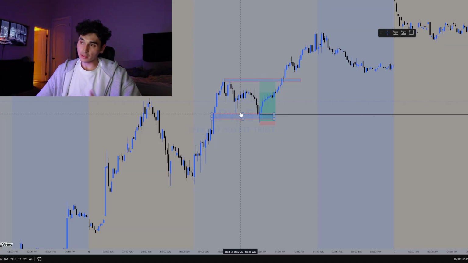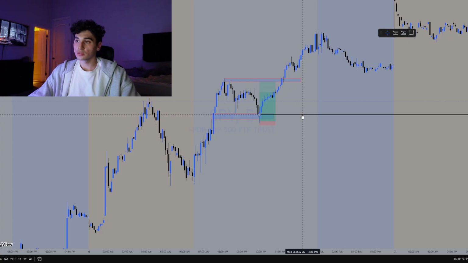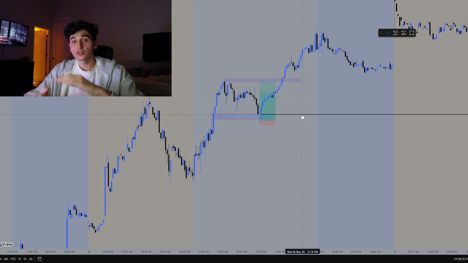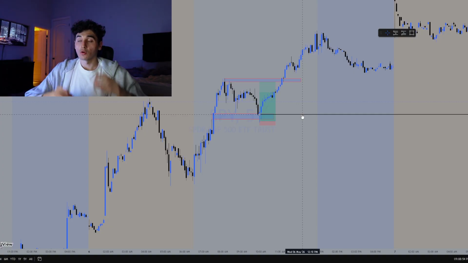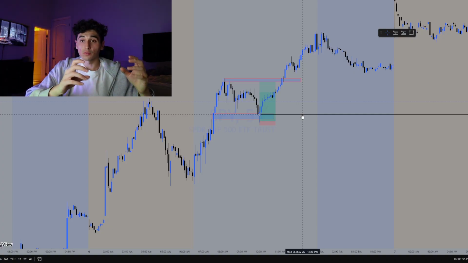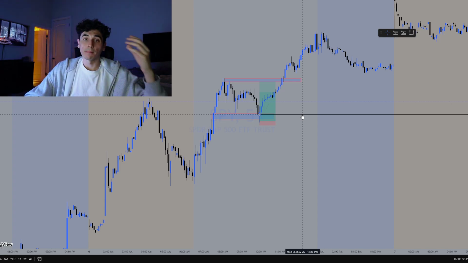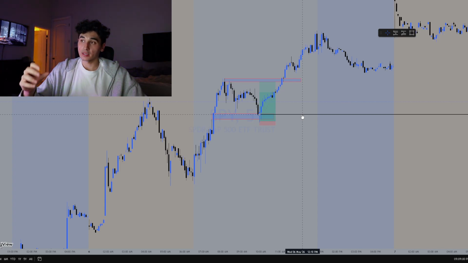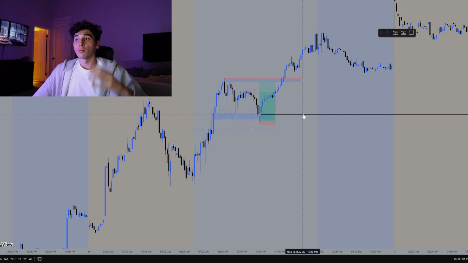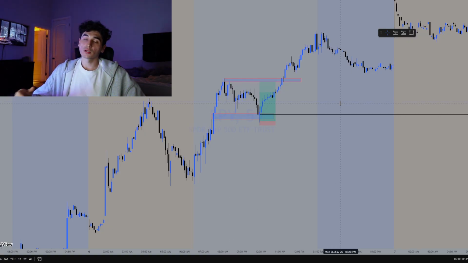Now, these zones that you are seeing, aka our supply and demand zones, are simply just price ranges on the charts where either we had an excess of buying being inputted or an excess of selling being inputted, right? So more buy orders being inputted would be our demand zones, more sell orders being inputted would be our supply zones. Therefore, that's why we are trading with these zones.